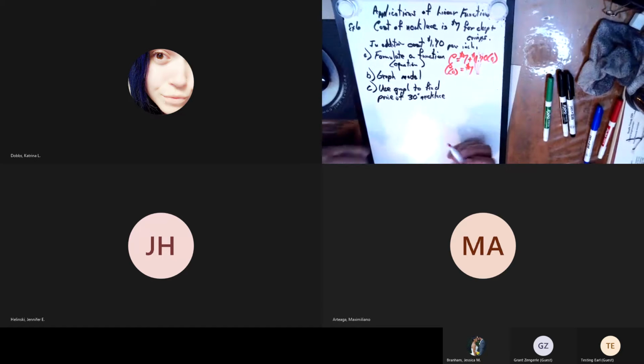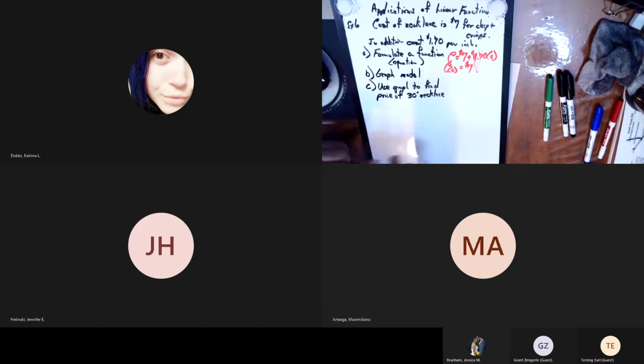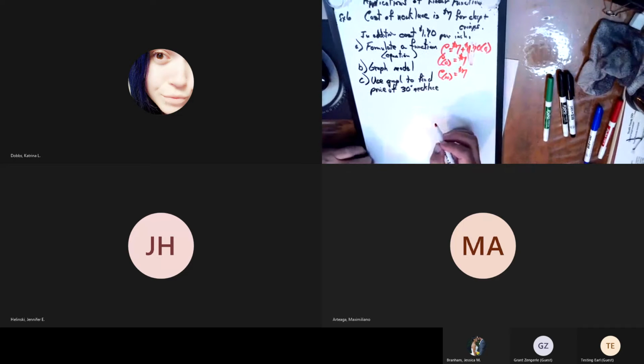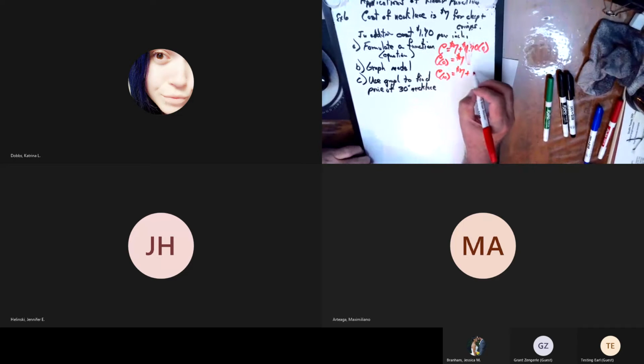Now I'm going to try it if I buy a 10-inch necklace. I'm not actually going to buy a 10-inch necklace. Nobody can wear a 10-inch necklace because there isn't anybody that's got a neck that's 10 inches around. But I'm just going to use that so I can get some points for my model. The cost for a 10-inch necklace is $7 for the clasp and crimps, plus $1.70 for each additional inch, and I've got 10 inches.